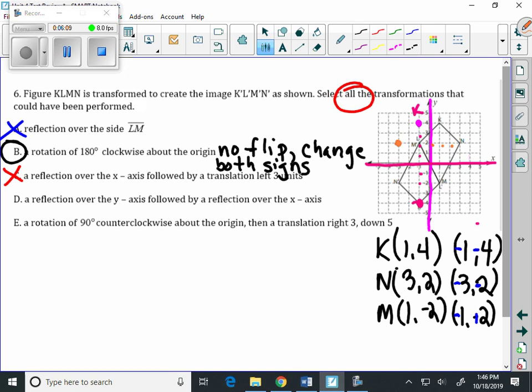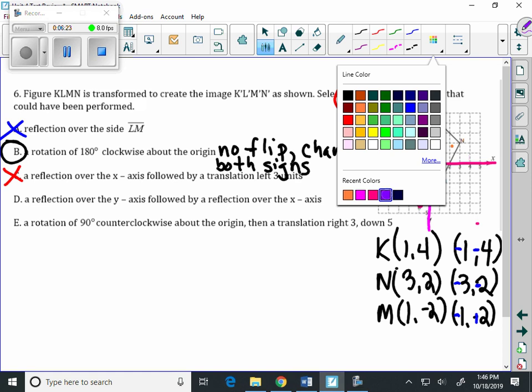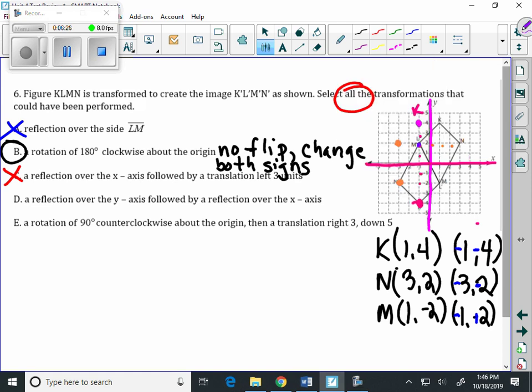Well, that value is 2 spaces away from the pinkish line, and 2 spaces away will give us our new N. And really, we should try M. And when I come over here to M, it's 1 space away from the pinkish purple line. So on the other side, 1 space away from the pinkish purple line, because we're reflecting over the y-axis first, and it's 2 spaces away from the pink line and 2 spaces away on the other side. It definitely matches up there.